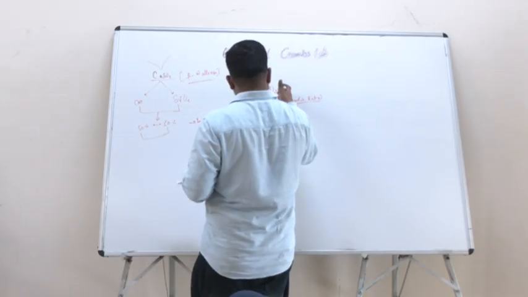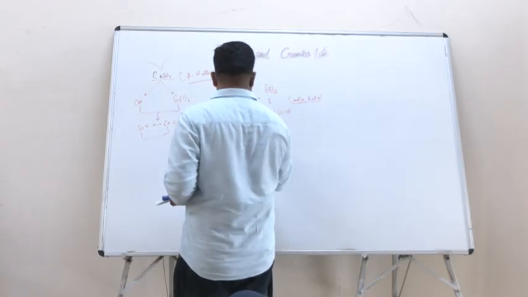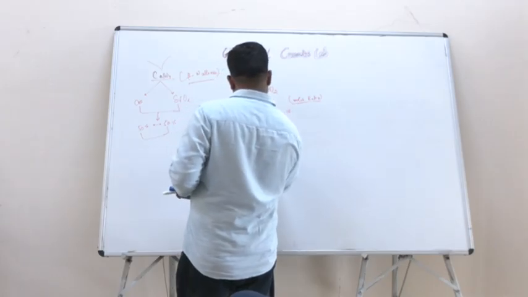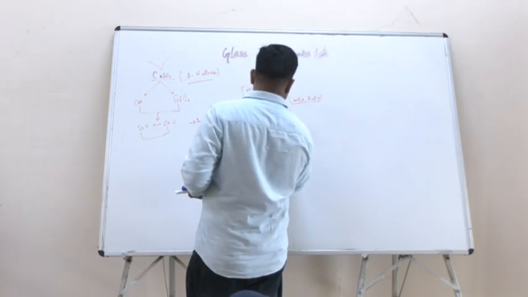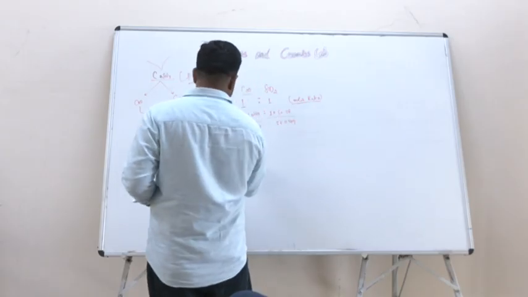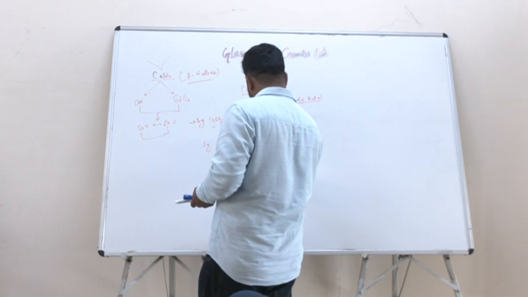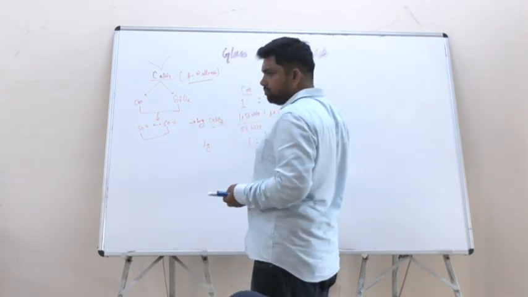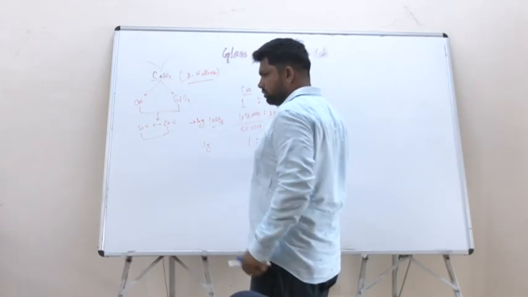You can divide by SiO2, or you can divide by the molecular weight of Ca. I divided by the molecular weight of Ca. So for 1 gram, what will the value become? 1:2. What will the value become? This X you have to calculate.